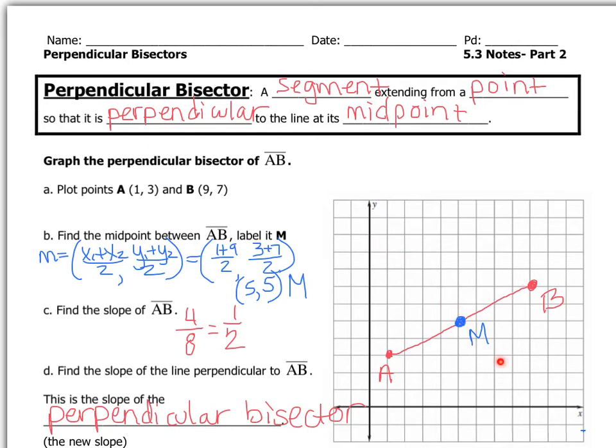Well, the only way we can mathematically confirm that that is 90 degrees is by using slope. Remember we talked about perpendicular lines have slopes that are opposite reciprocals. So you flip the number, flip the sign. So if the slope of the line is 1/2, then we've got to flip the number over and we've got to change the sign, and that's going to be the slope of your perpendicular bisector.